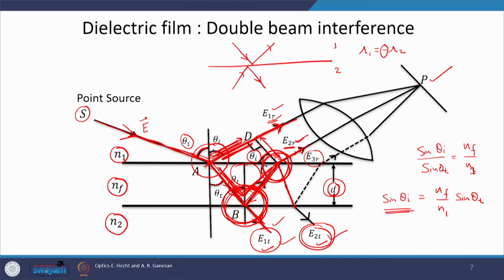The conditions are the same. It is happening from film to the external medium, and this one is also happening from film to the second medium. The interface is of the same nature, provided these two media are the same, N1 and N2 are equal. If this is the condition, then the extra pi shift in phase which we considered for the reflected light can be neglected.